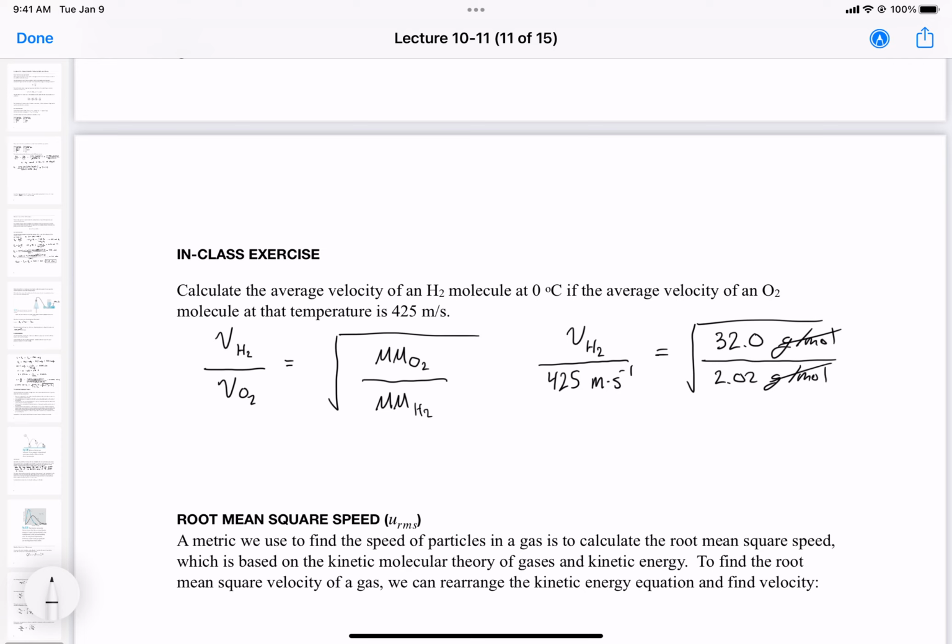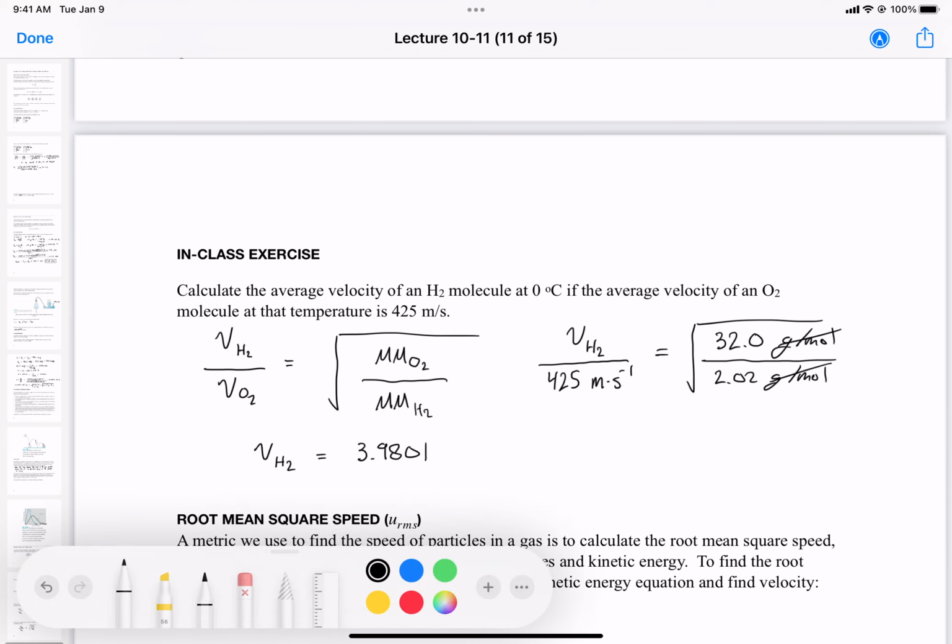Grams per mole will cancel out. And then we can solve here by multiplying both sides. And we get hydrogen here equals approximately 3.9801. If I simplify what's on the right-hand side of the equation that I wrote previously, that'll be equal to about 3.9801.